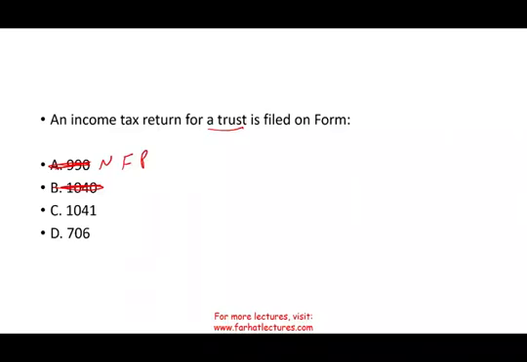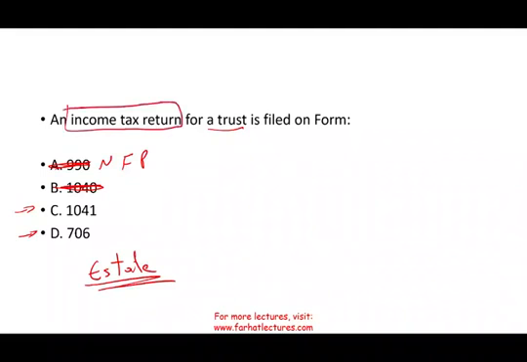Well, I understand if you are stuck between 1041 and 706. Now you have to know. Here's how I want you to remember this. You're saying, is it 706 or is it 1041? Because they both have the word estate in them, right? Look, this is an income tax return.